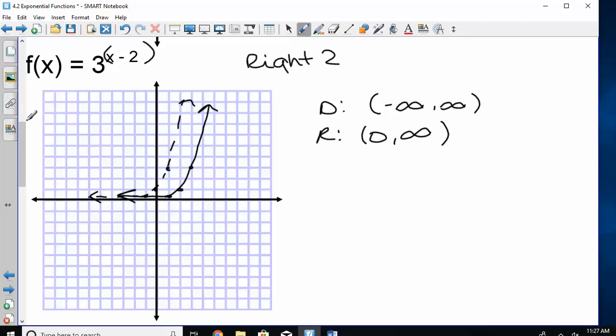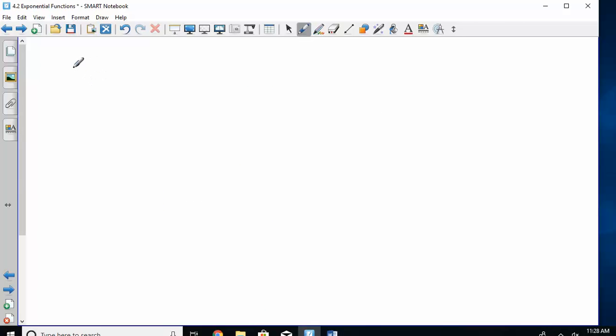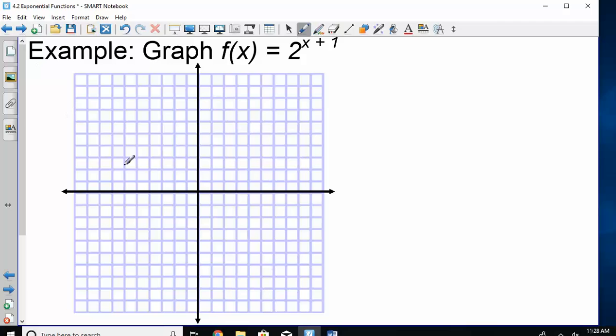Let's say I can give you guys one. How about you do this one? So graph it and give domain and range.